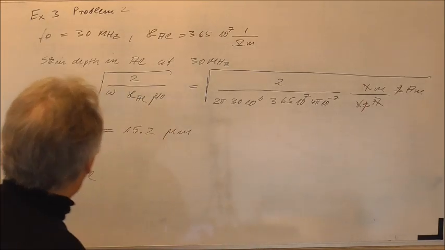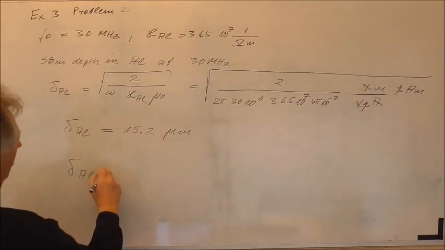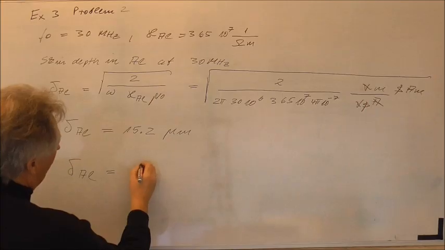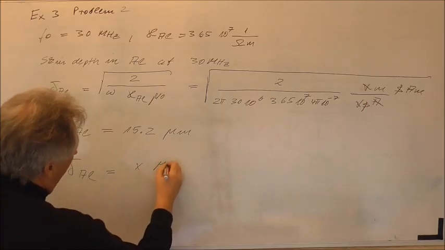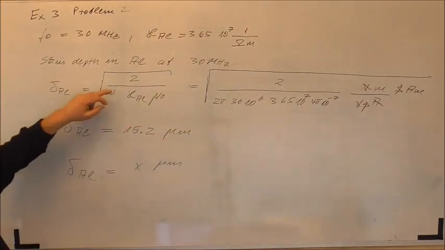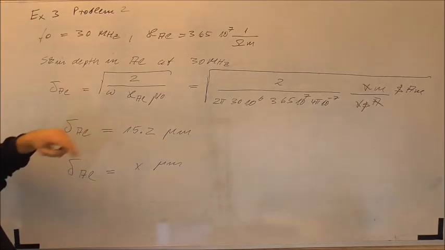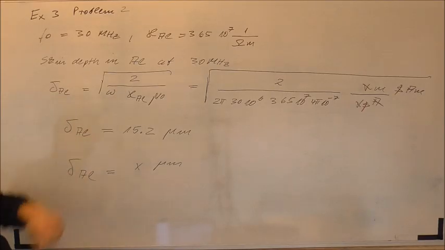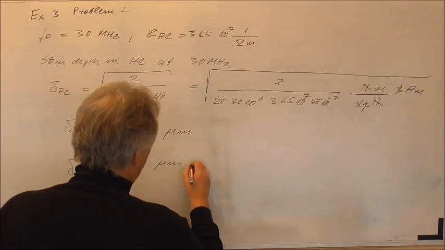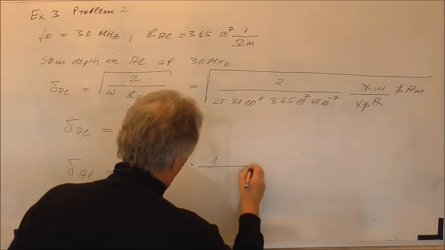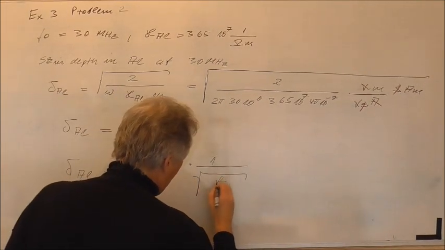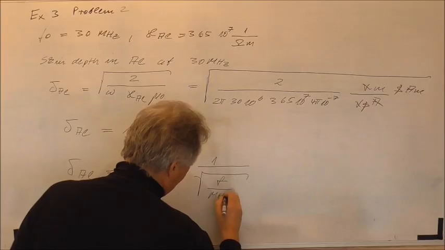It will be equal to a value, I call it for example x, in micrometer, and due to the fact that it's proportional to 1 over the square root of the frequency, we can formulate it like this. This must be proportional to the square root of the frequency in megahertz.